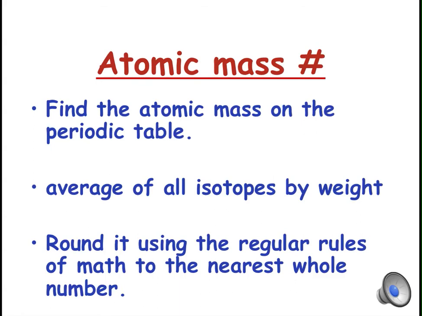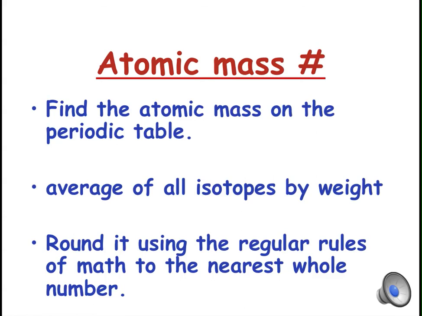For mass number, we want to find the atomic mass on the periodic table of our given element, or the atomic number that's given to us. We could also be given protons, because that's the same as atomic number. We can find the average of all the isotopes by weight. That is written underneath this symbol, and it does have decimals after it.